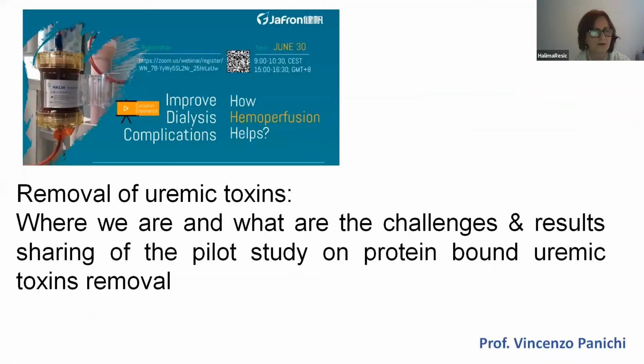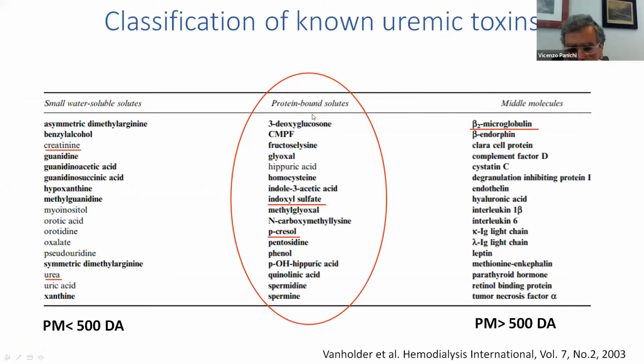Good morning. So, as you know, we have three types of uremic toxins: small water-soluble ones, the very well-known urea and creatinine; the middle molecules, now represented by beta-2 microglobulin; and protein-bound solutes, the more modern type of uremic toxins that can be involved in uremic toxicity. Indoxyl sulfate and p-cresol are the most well studied of these toxins.